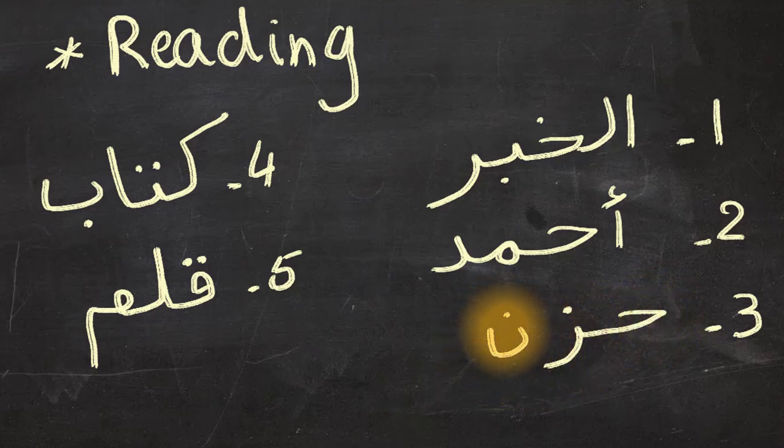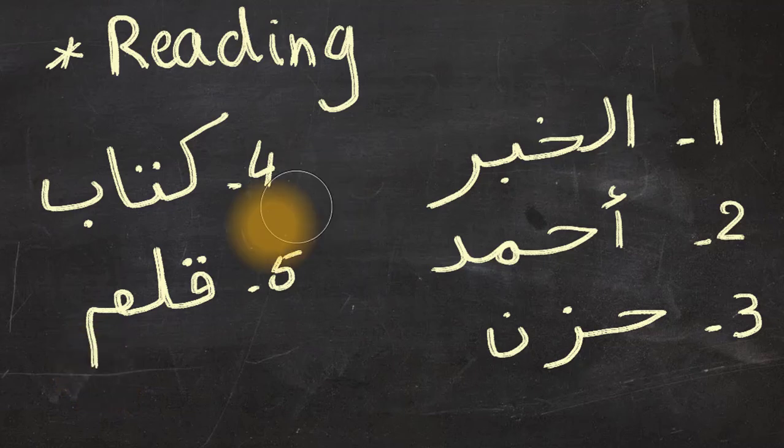Number 4 is Kitab. Number 5 is Qalam. Did you get them right? You're going to have to compare your pronunciation to my pronunciation and give yourself 2 points for each correct answer.